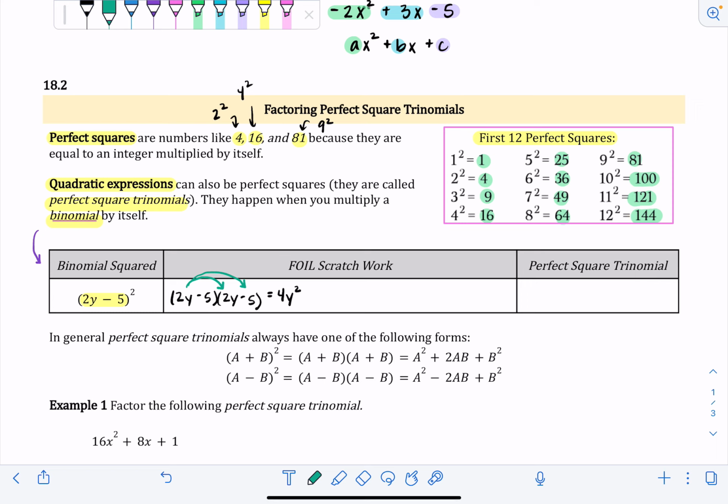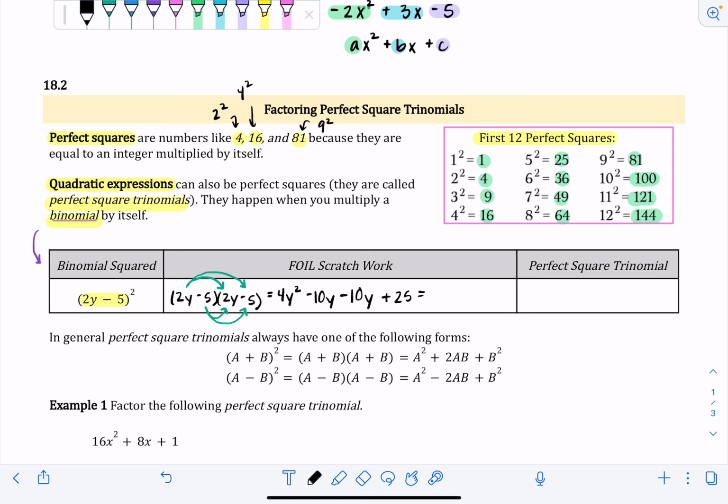So 2y times negative 5 is negative 10y. The I in FOIL stands for inner, the ones on the inside. Negative 5 times 2y is negative 10y again. The L in FOIL stands for last, so we do negative 5 times negative 5. A negative times a negative is a positive, so negative 5 times negative 5 is positive 25.